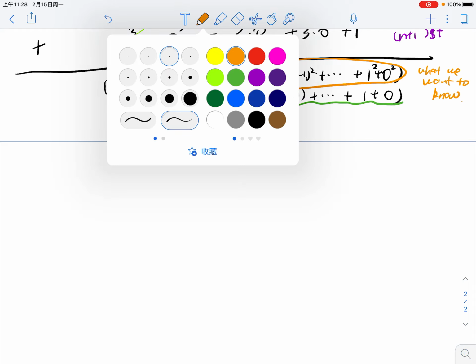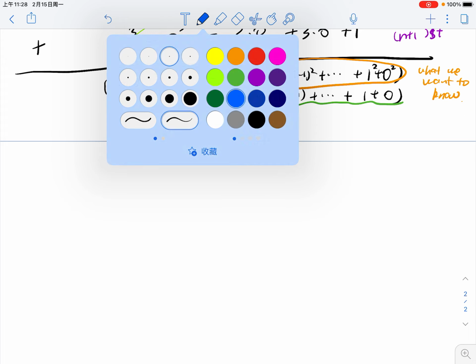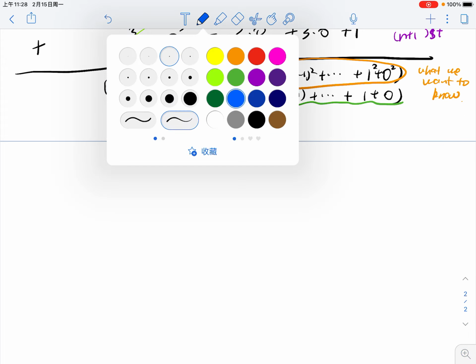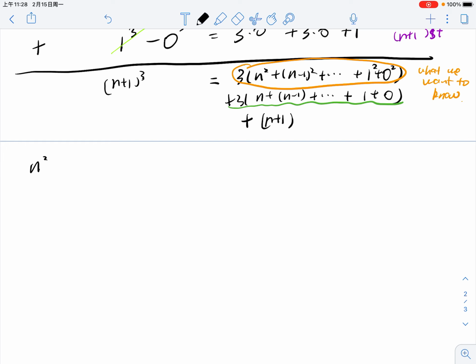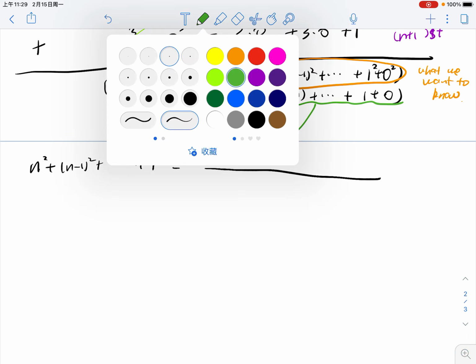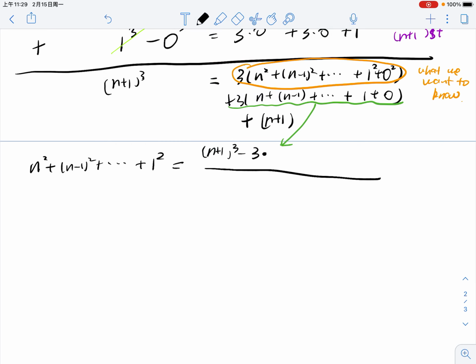Therefore, if you move terms, collect terms, you will have n squared plus (n minus 1) squared plus all the way to 1 squared equals (n plus 1) cubed minus 3 times, let's use the Gauss formula, n times (n plus 1) divided by 2, minus (n plus 1), divided by 3.